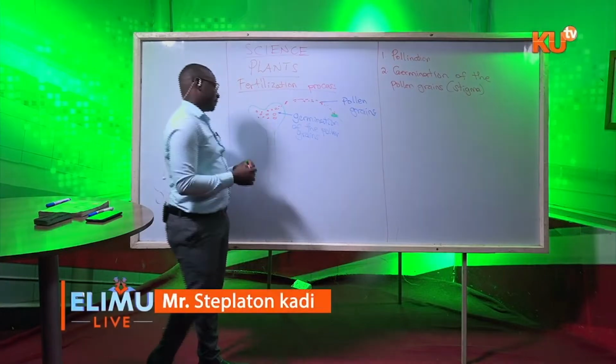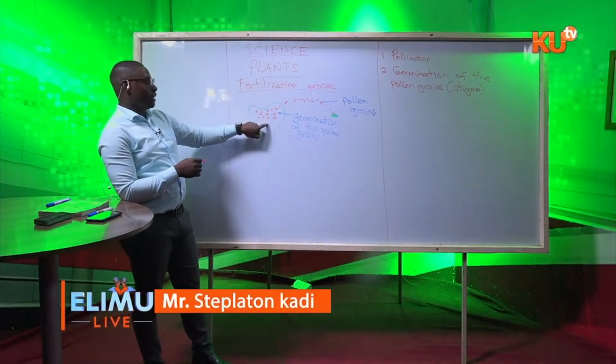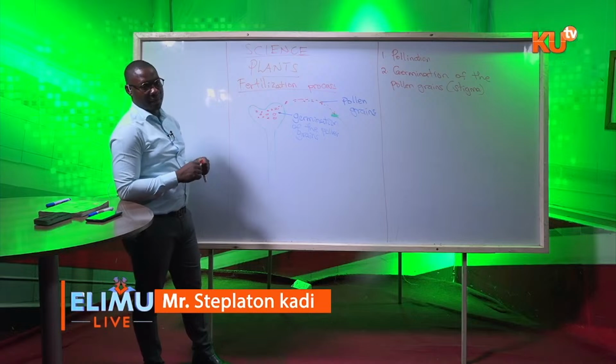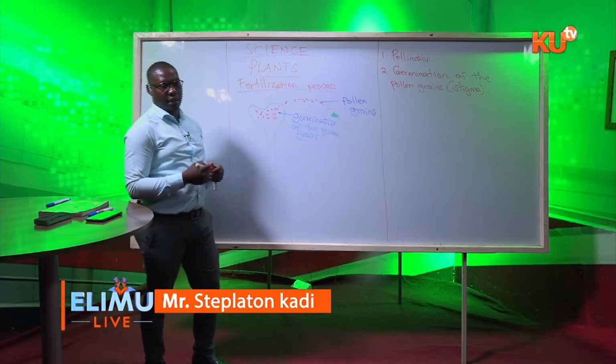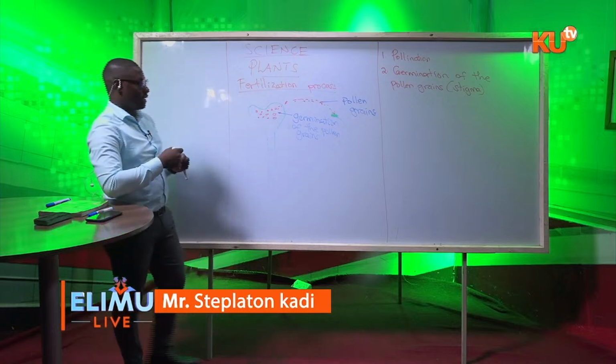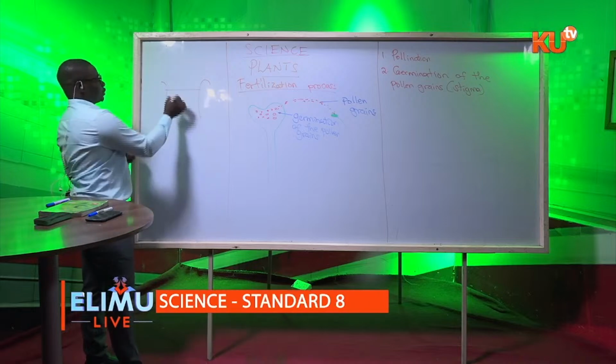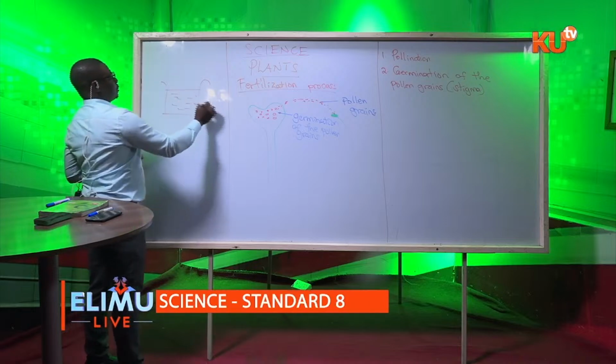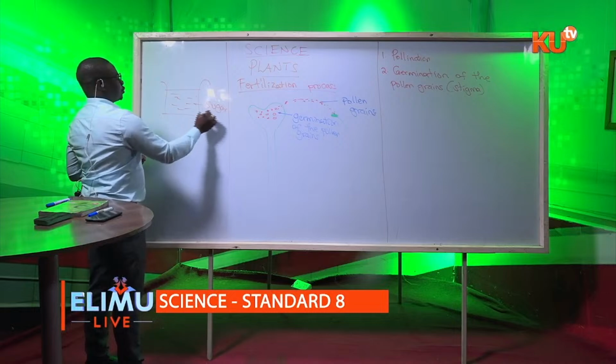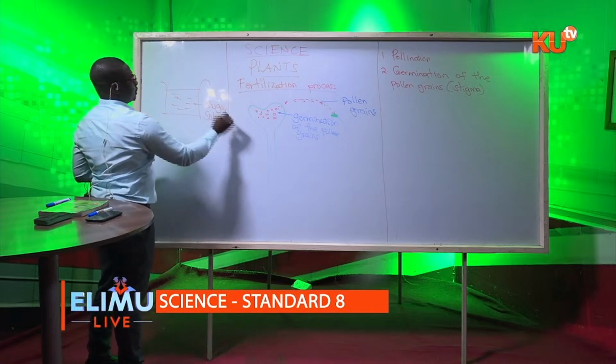Germination of the pollen grains takes place in the stigma. To investigate this, you can do it practically, whereby you take sugar solution. Sugar solution is a mixture of sugar and water.